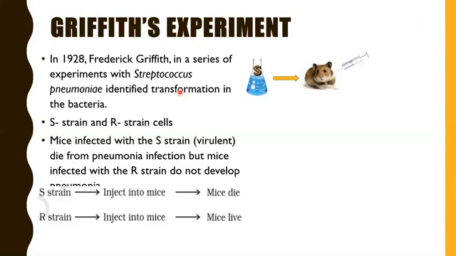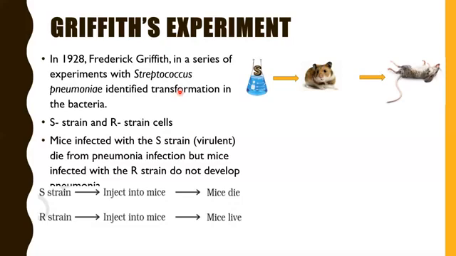When the S strain cells were injected into the mice, normally the pathogenic bacteria cause disease that resulted in the development of pneumonia in that mice, and that caused the death of the mice.